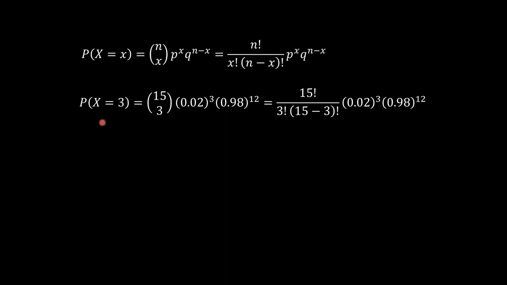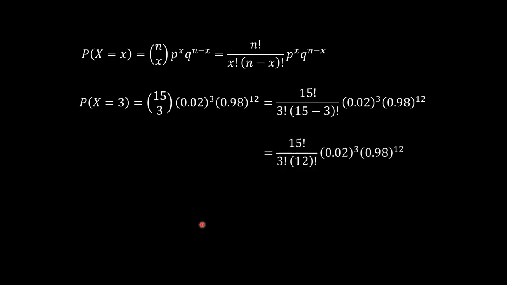The probability that x is 3 is equal to 15 choose 3 times 0.02 raised to 3 times 0.98 raised to 12. 12 because 15 minus 3 is 12. 15 choose 3 is 15 factorial over 3 factorial times 15 minus 3 factorial times 0.02 raised to 3 times 0.98 raised to 12.